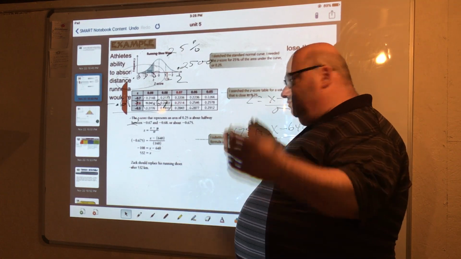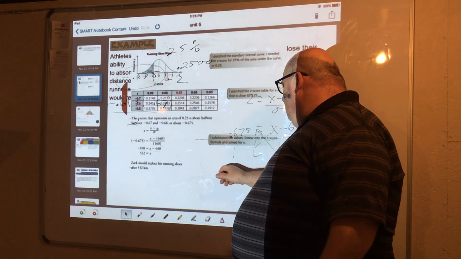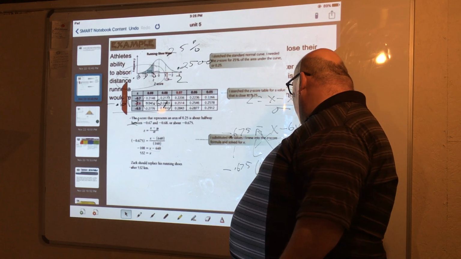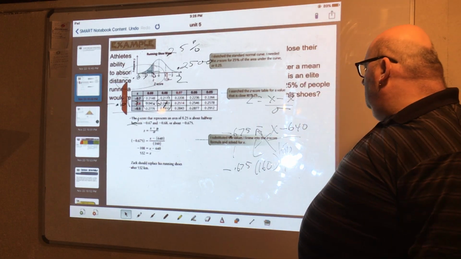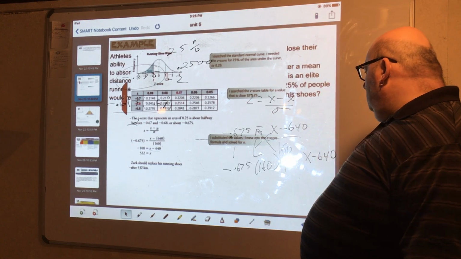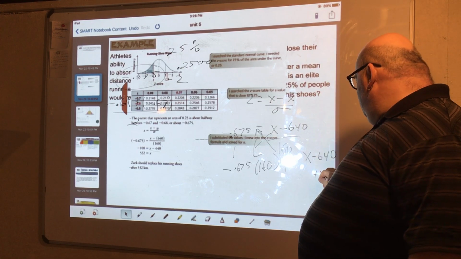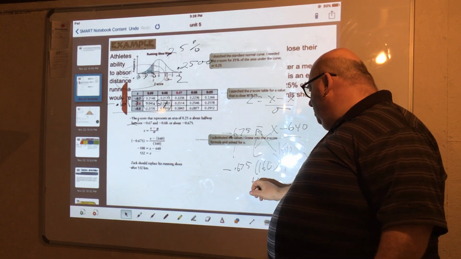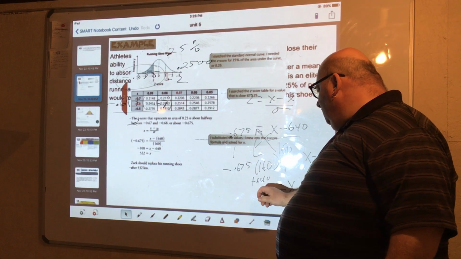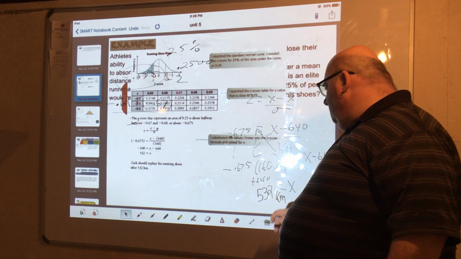Either way, we get negative 0.675 times 160 is equal to x minus 640. Then we add 640 on this side, and after we do this multiplication, we find out that x equals 532 kilometers.